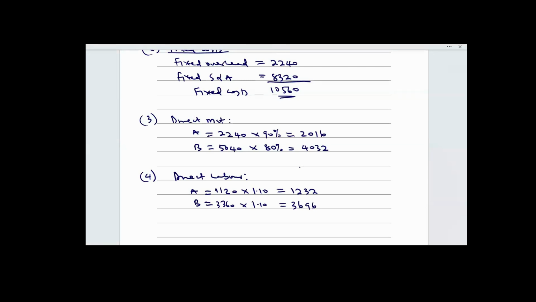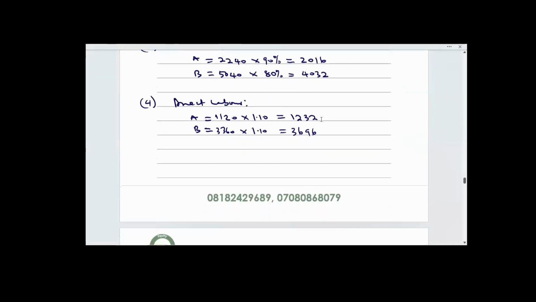Now, again, you are told that additional 456,000 will be spent on advertising, which means our fixed cost will also increase. So let's calculate revised fixed cost. Working number 5, fixed cost. The original fixed cost is equal to 10,560,000.